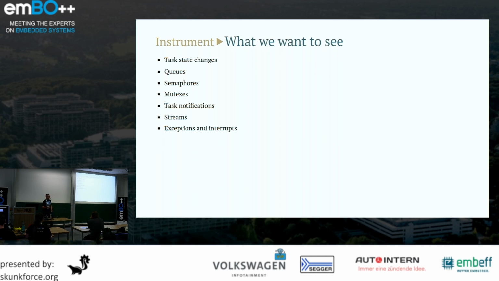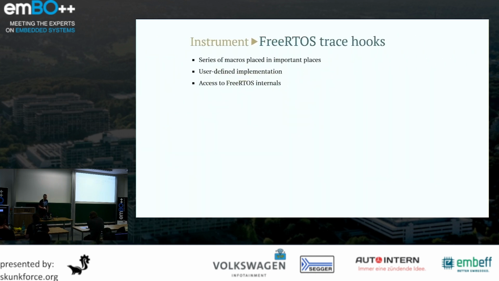So we would like to see what is going on with these primitives. Similarly for task notifications, maybe streams, and not strictly RTOS related but also very useful, the exceptions and interrupts that are handled by our CPU, because they quite often influence greatly what our application is doing.